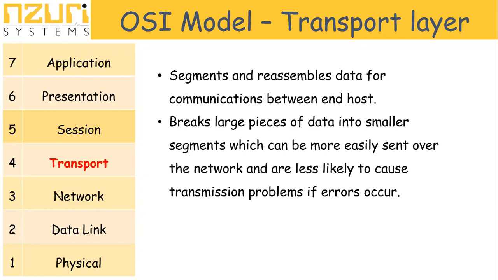That 1 gig has to be broken into smaller segments. That way it becomes easier to send over the network. One of the major benefits is that if data is not broken into smaller chunks and there's an error, the whole thing would have to be sent again. But because it is broken into chunks, you are likely able to live with some errors.